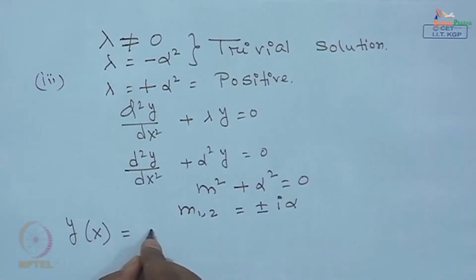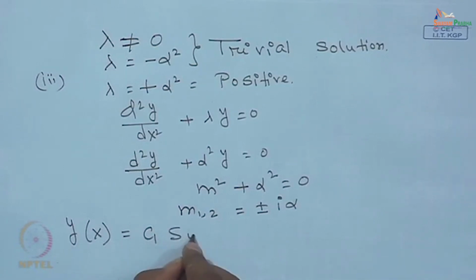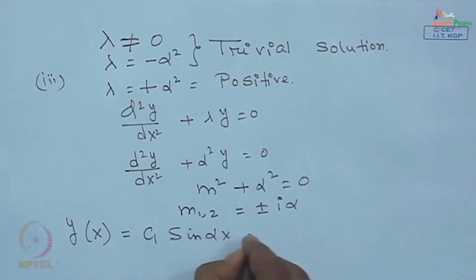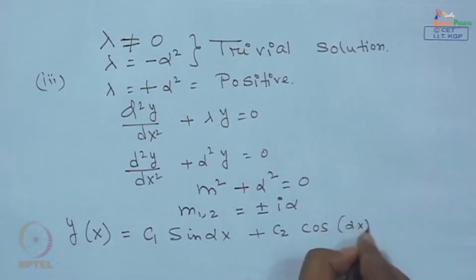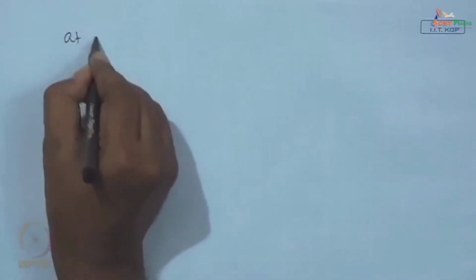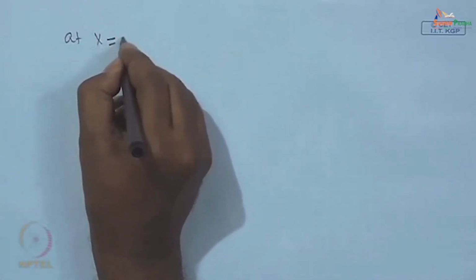So, y as a function of x becomes c1 sin alpha x plus c2 cosine alpha x. That is the form of the solution, and let us put the boundary conditions and evaluate c1 and c2. The first boundary condition is dy dx is equal to 0 at x is equal to 0.